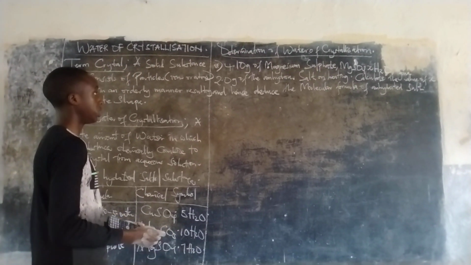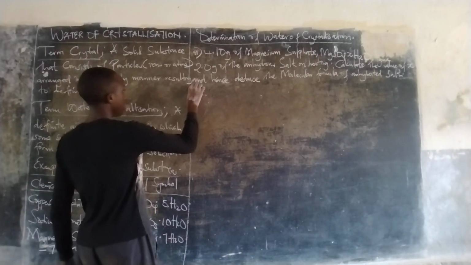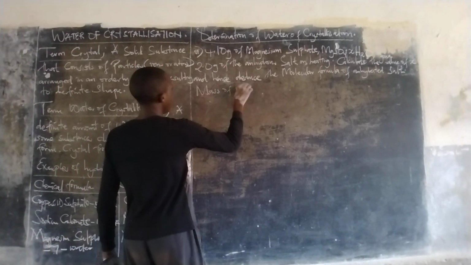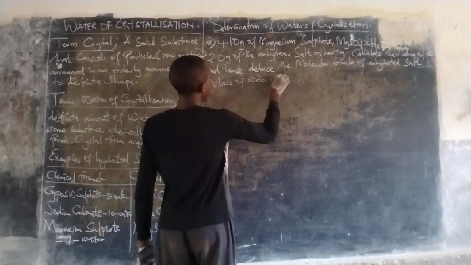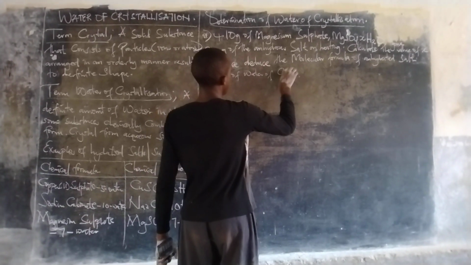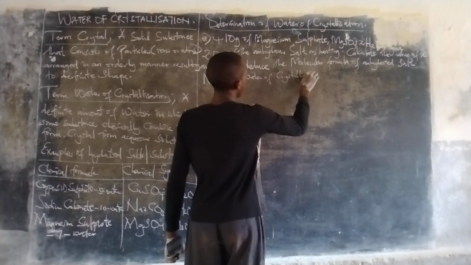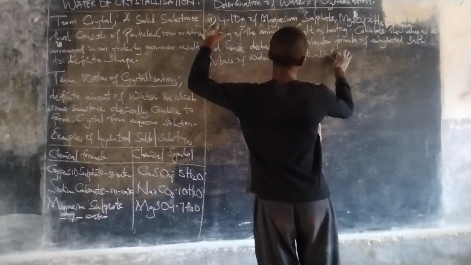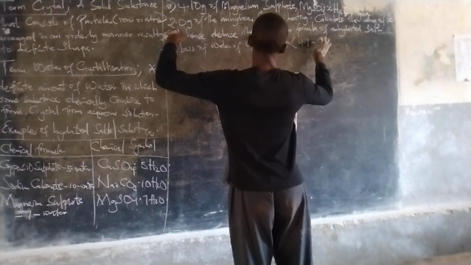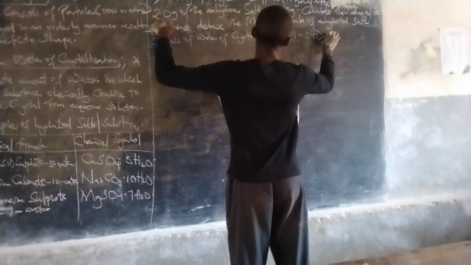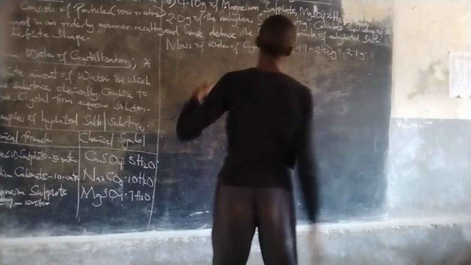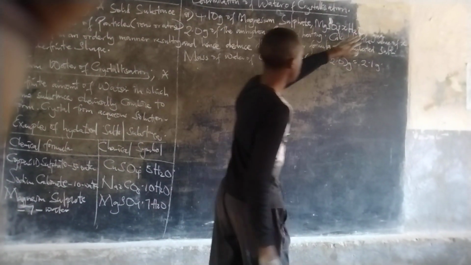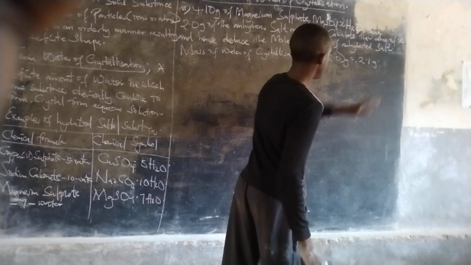For example, here if we try to calculate the mass of water of crystallization, you get the first mass 4.1, then minus this, you get 2.1. That means the mass of water of crystallization is this.